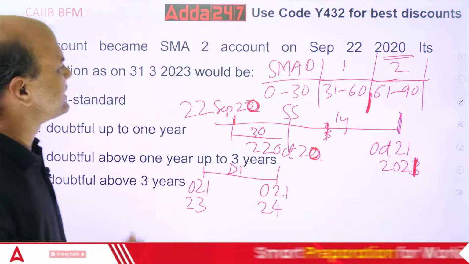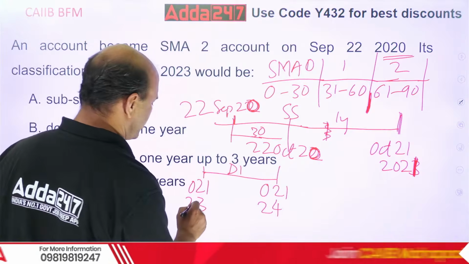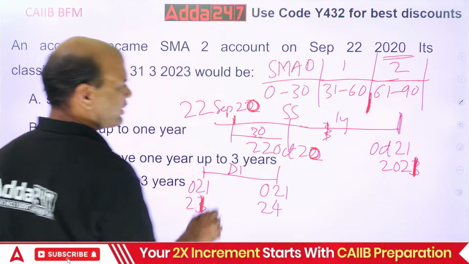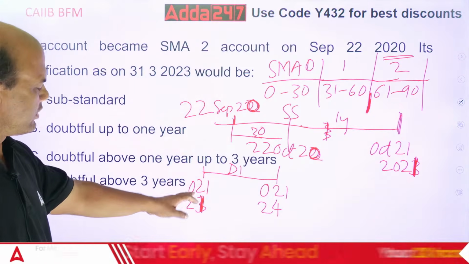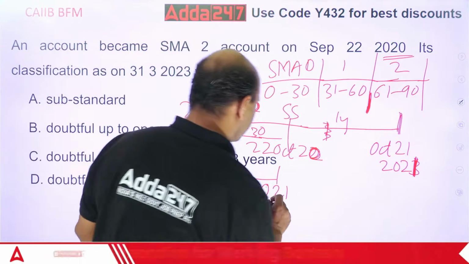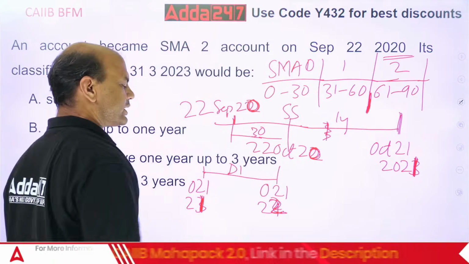This date and this both are coming same. That's why. This again 21. Okay, 21 October 2021. From here again it will go to 21 October 2022. It will be in doubtful one category.